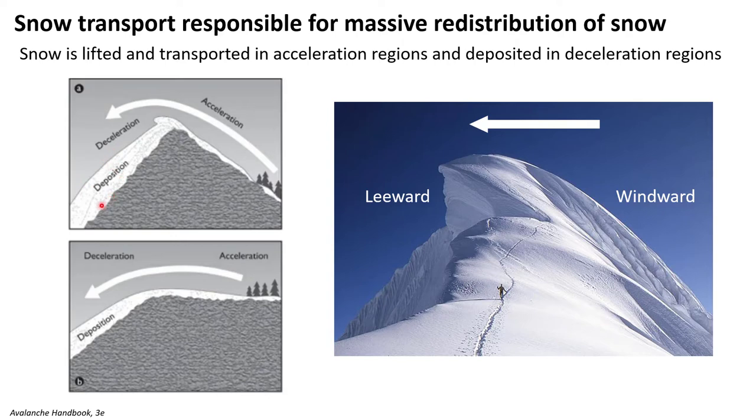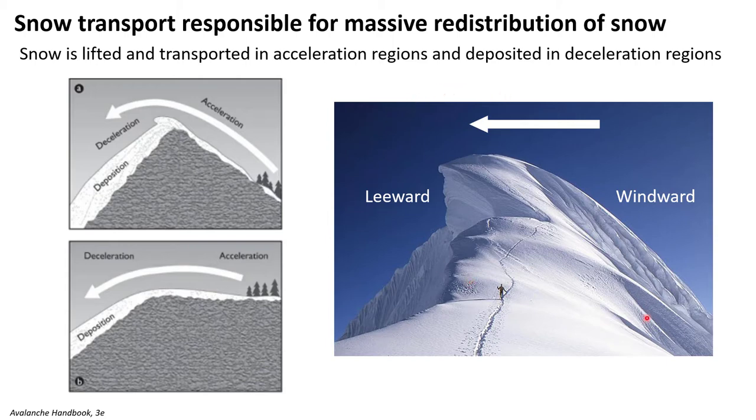So this is like the analogy of being at a stream where you go from a really fast, narrow region and then it opens up into a wide channel. And so what you get is deposition of the snow that was picked up in the acceleration region and redeposited in the deceleration region. And so you have two different types of terrain where you're seeing acceleration and deceleration regions.